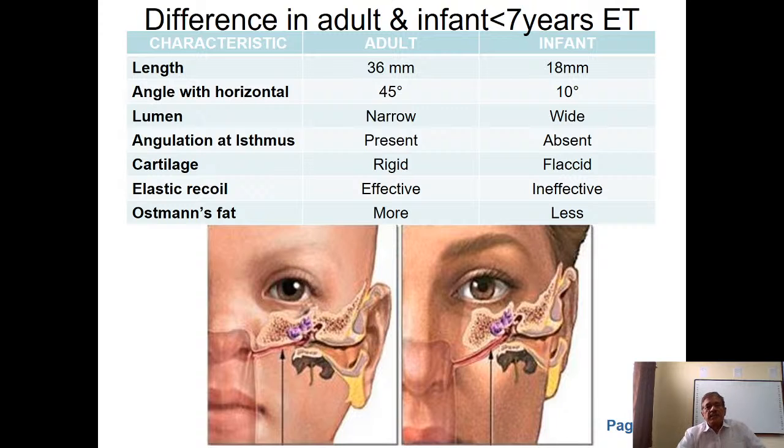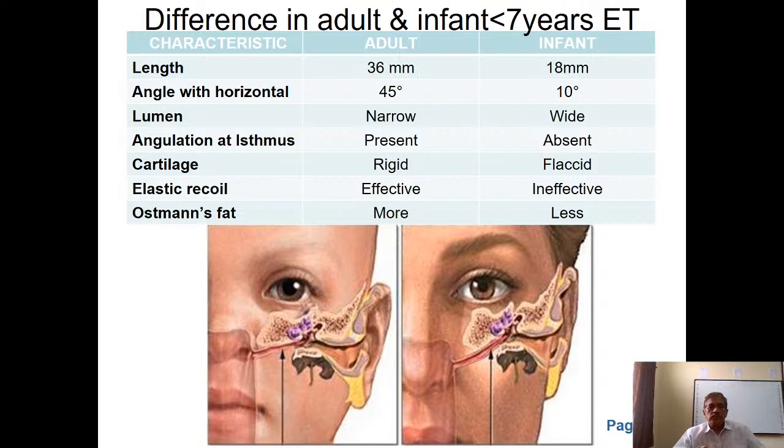And the differences between the adult and infant are important because most of the infections that are present in the nasopharynx or in the nasal cavity travel via the Eustachian tube into the middle ear cavity. That's the commonest source of infections.